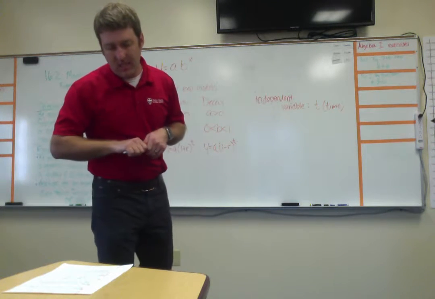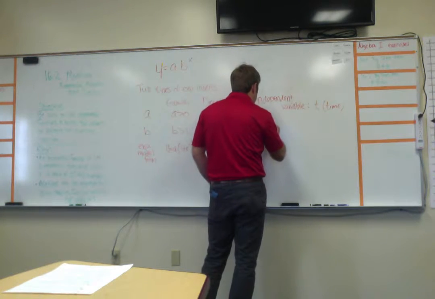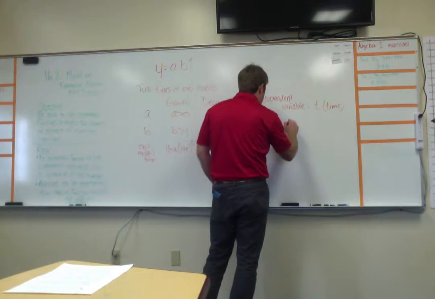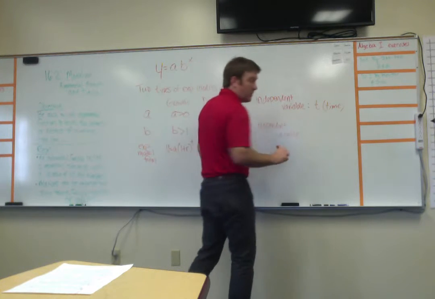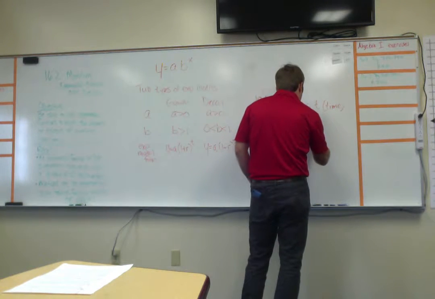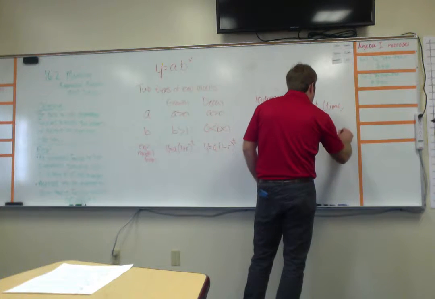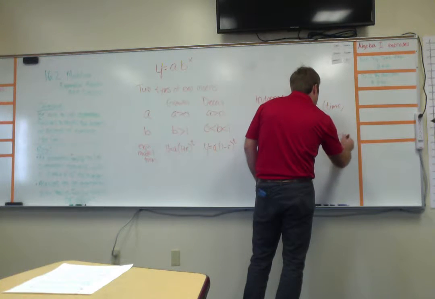Okay? And our dependent variable is the quantity of whatever we're dealing with. So the height of a tree, the number of bunnies, the mass of a nuclear material. Okay?